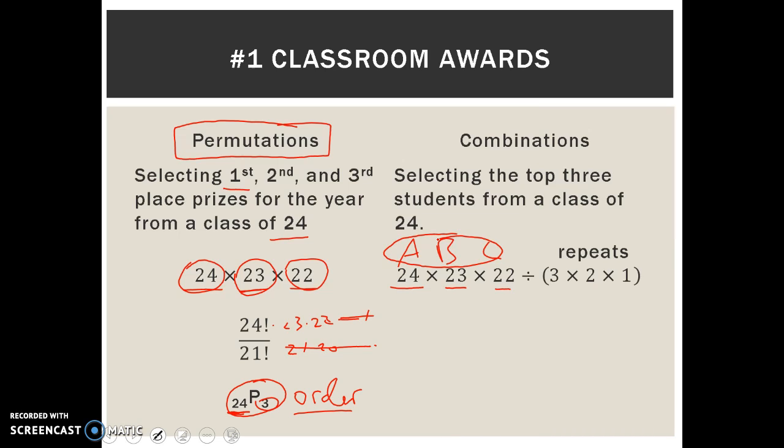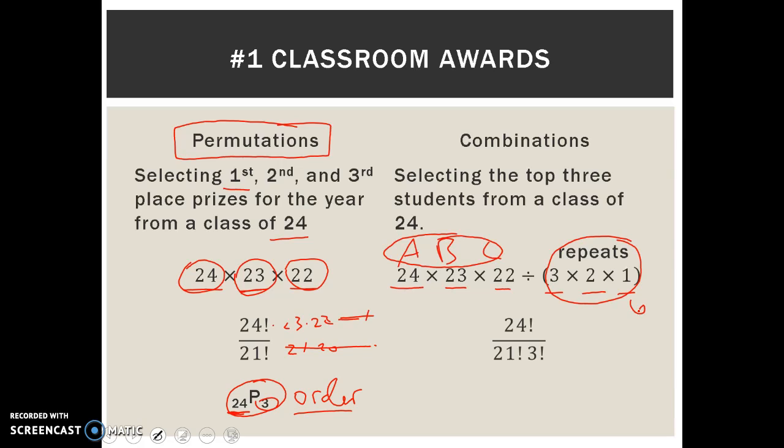In other words, if you have 3 different things you want to put in order, then you have 3 things to list first, 2 things to list second, and 1 thing to list last. So we have to divide out all of the repeats. Al, Bill, and Chris is repeated in there 3 times 2 times 1, 6 different times. And so it would be 24 times 23 times 22, all divided by 3 times 2 times 1.